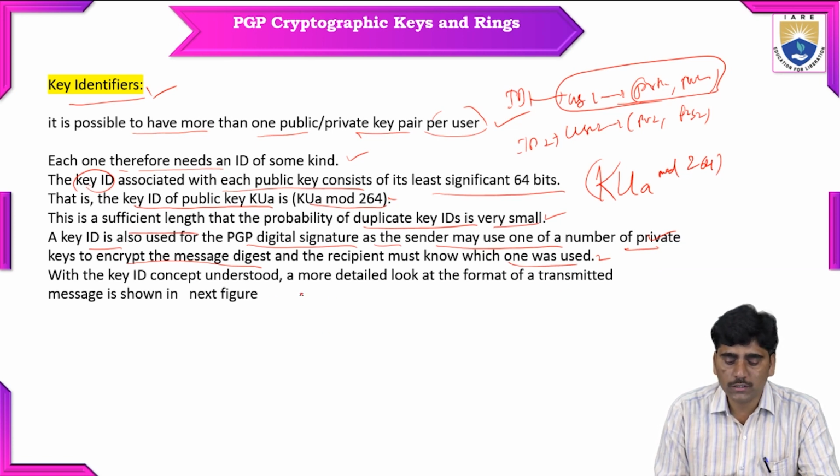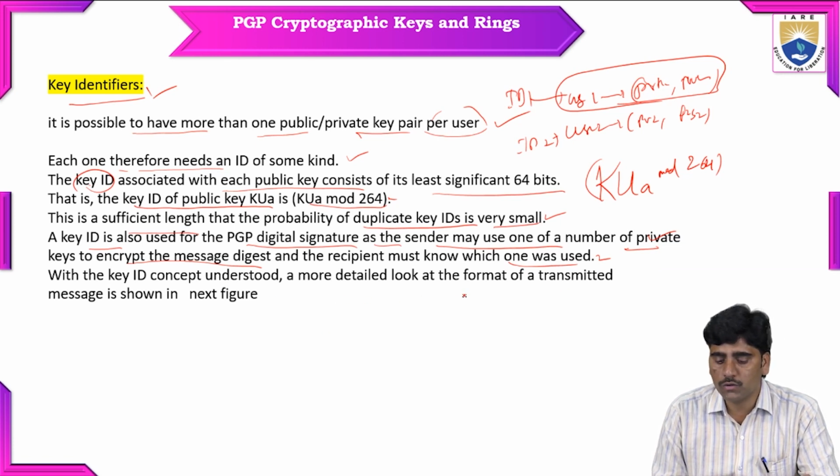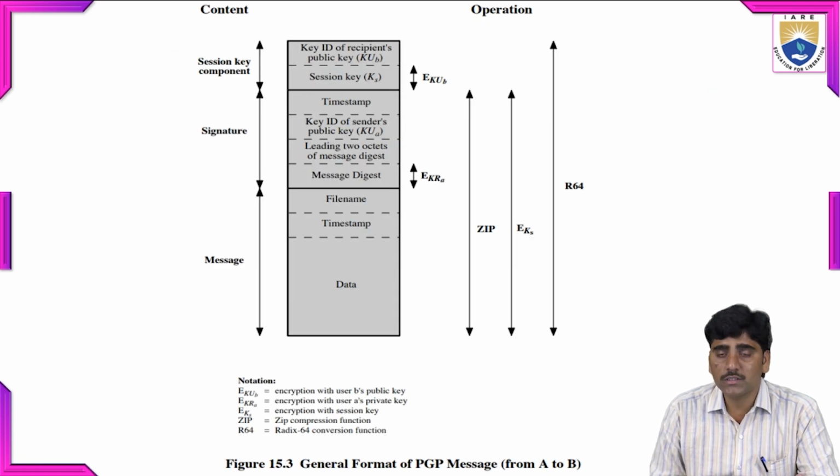With the key ID concept understood, a more detailed look at the format of the transmitted message is shown in the figure. This is the general format of a PGP message, the pretty good privacy message format.